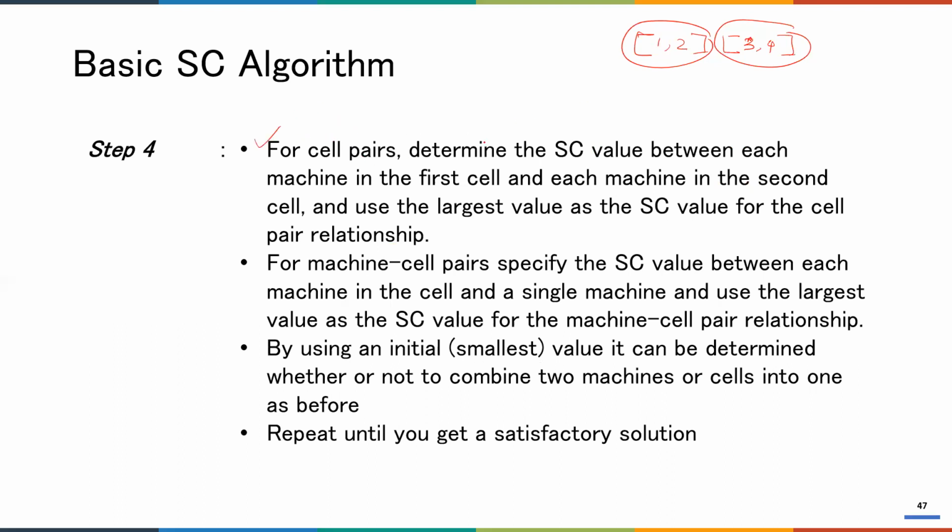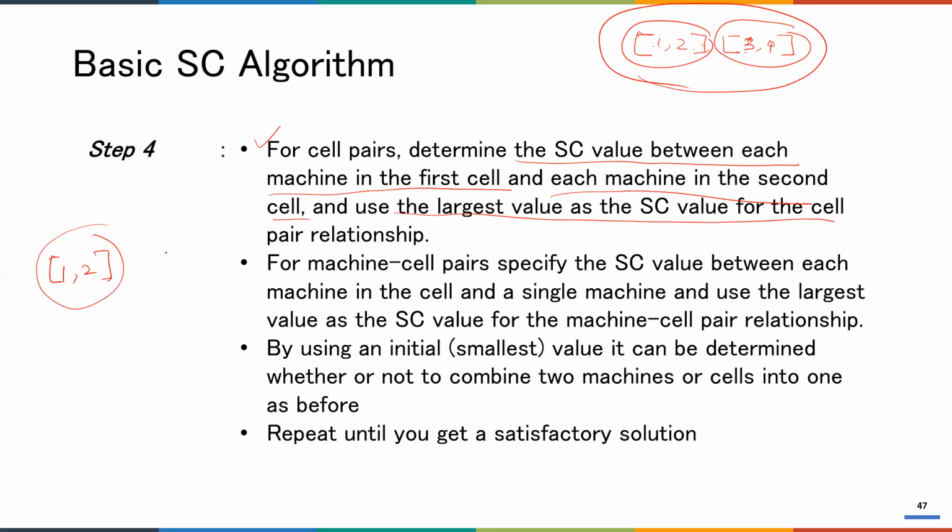First, the cell pair. We need to determine the SC value between each machine in the first cell, so you need to consider the SC between 1 and 2 and between 3 and 4, and each machine in the second cell, and use the larger SC value for the SC value of this relation. If you have a machine-cell relation, for example, 1 and 2 is considered as one, and then you pair it with number 3. You try to find the combination of this.